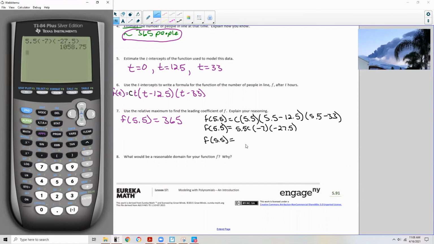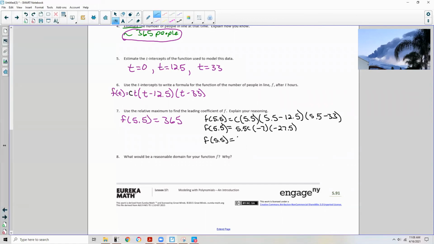And I get 1058.75c. But I know f of 5.5 is 365, so I'm going to replace that now with 365 equals 1058.75c. And then what that's going to produce is my c when I divide both sides by that.